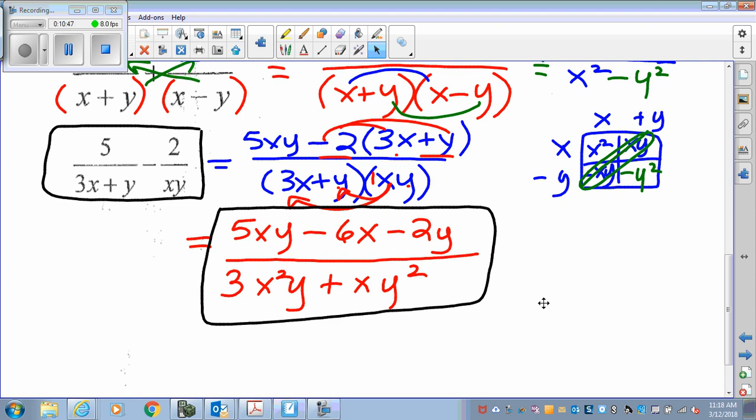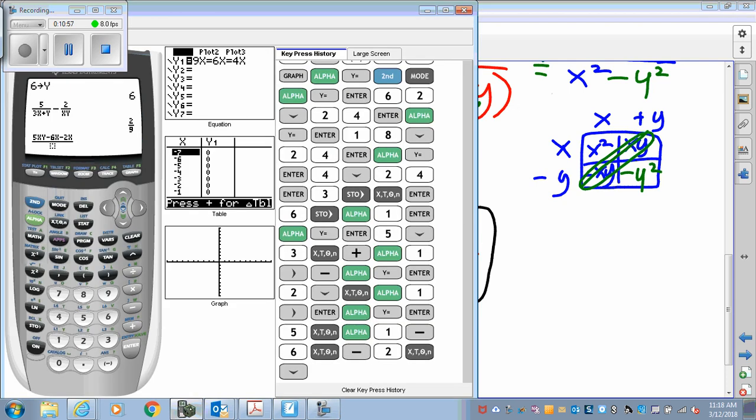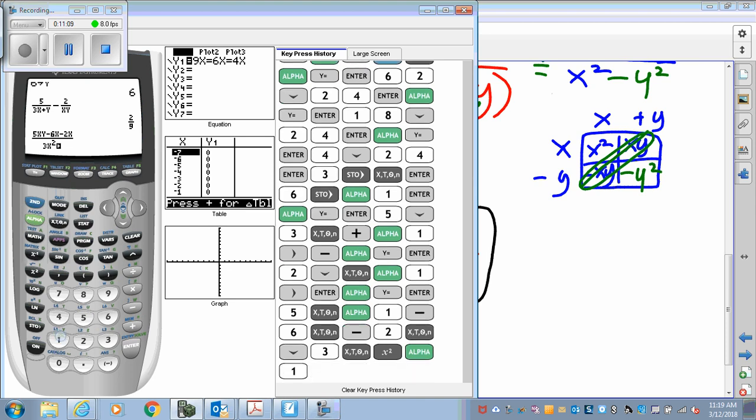Okay. And then my denominator is 3x squared y plus xy squared. So 3x squared times y, right, 3x squared y plus xy squared.